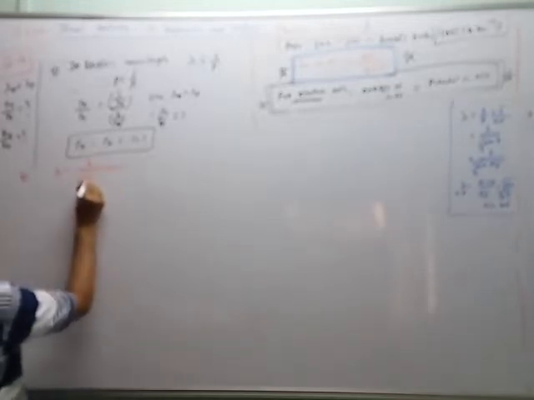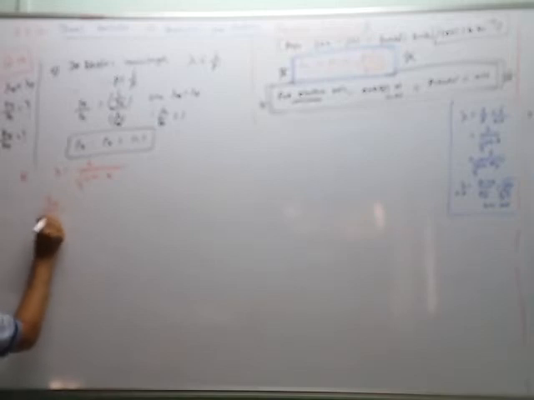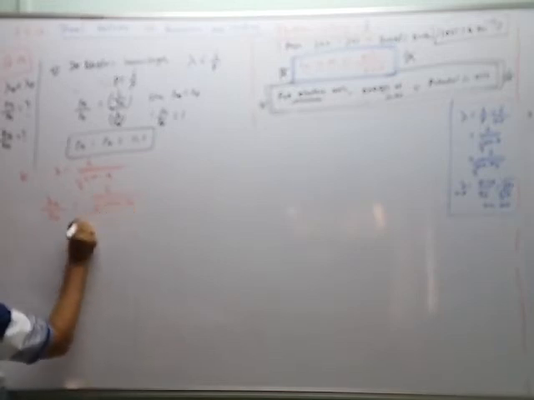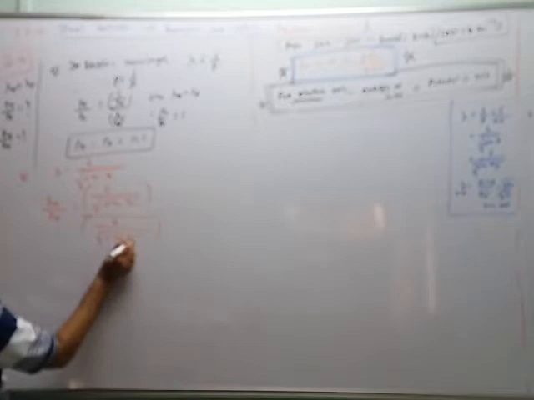Lambda is equal to h upon under root 2 times mass into kinetic energy. So lambda electron upon lambda proton is equal to h upon under root 2 times mass of the electron, kinetic energy of the electron, divided by h upon under root 2 times mass of the proton, kinetic energy of the proton.